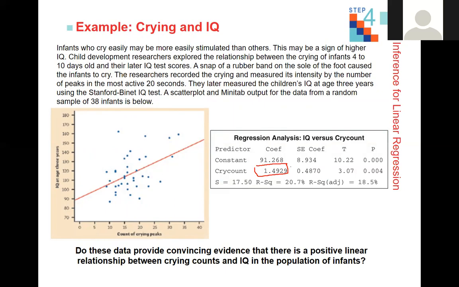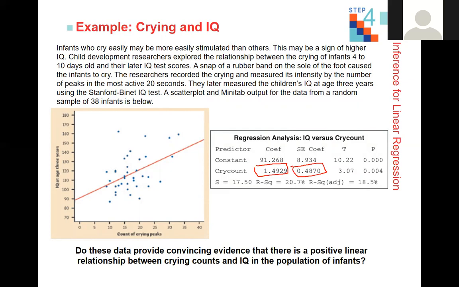And then here is my standard error for the slope. So that's going to go at the bottom of the formula for the t-score. On the denominator is going to go the standard error.